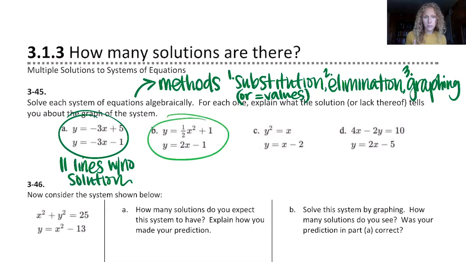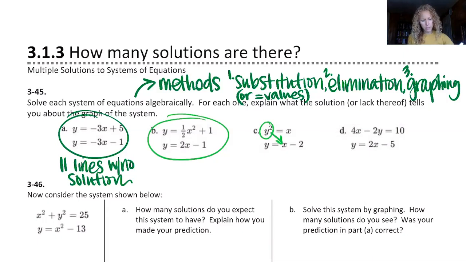So I would set them equal to each other, get everything on one side, and factor. The third one, same thing. In this case, it's a little different. So I'd probably do some substitution, right? Replace the x with that, move everything to one side, and solve a quadratic. On the last one, some substitution as well. It's a little bit more algebra heavy.